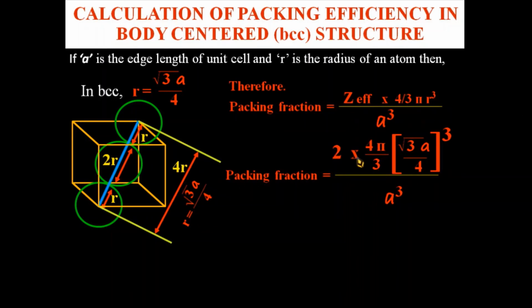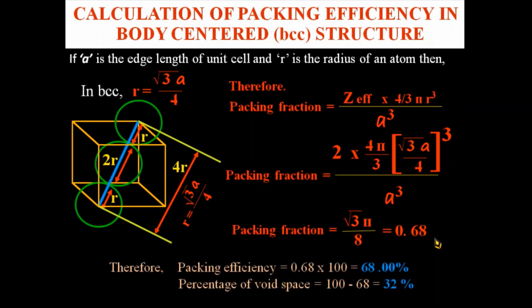So 2 into 4 pi by 3, and here we put the value of R, root 3 A by 4 cube, divided by volume, that is A cube. So packing fraction is equal to root 3 pi by 8, and when we put the value of root 3 and pi, we get 0.68. This is the packing fraction of body centered structure.